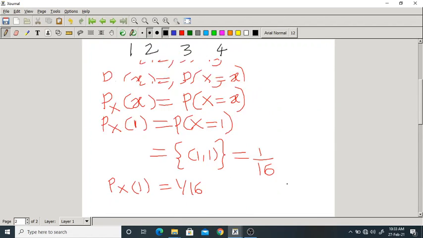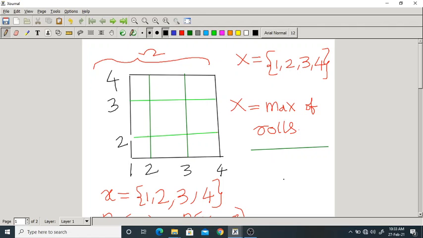Now here, you can simply write the probability mass function of this particular experiment, of the random variable, like this. You can draw the figure here. This is what you can draw. This is x.